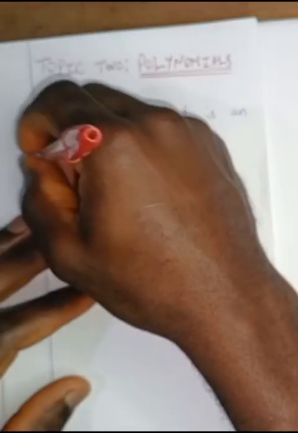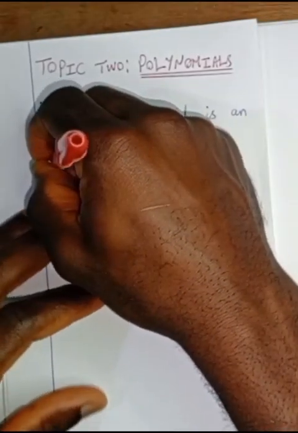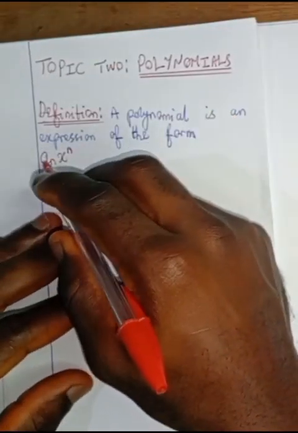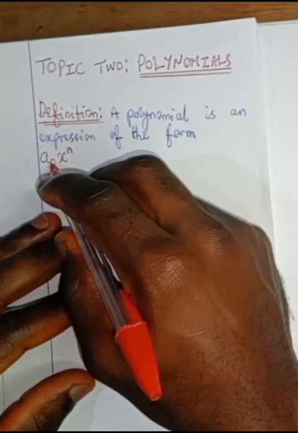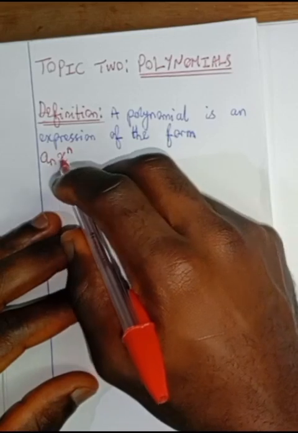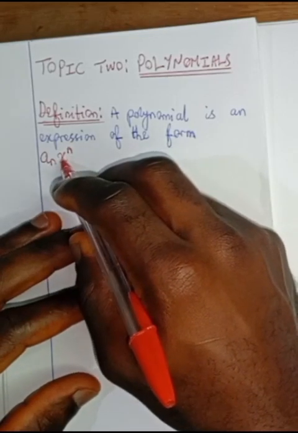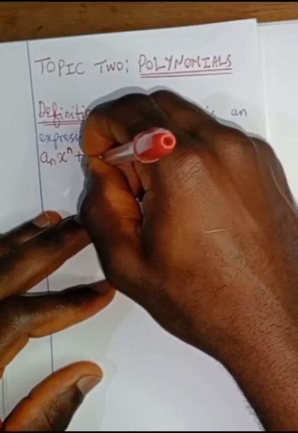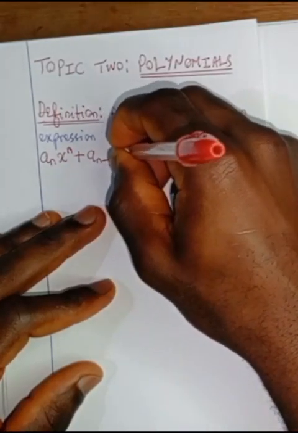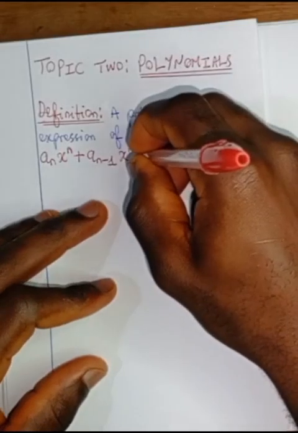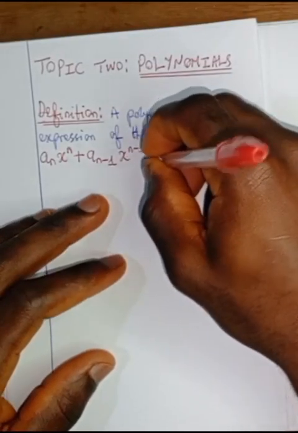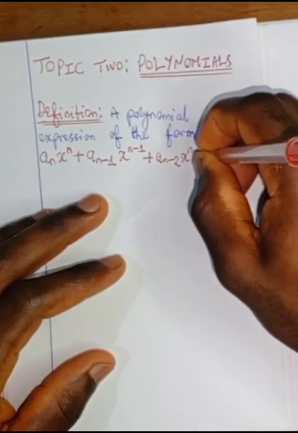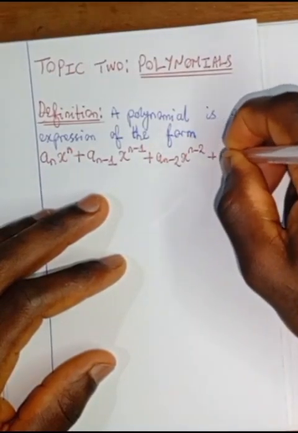The form is a subscript n x raised to the power n, where a subscript n is a constant, x is a variable raised to the power n, plus a subscript n minus 1, x raised to the power n minus 1, plus a subscript n minus 2, x raised to the power n minus 2, plus 3 dots.